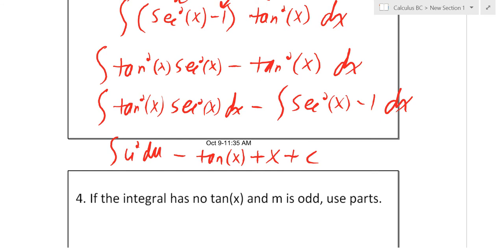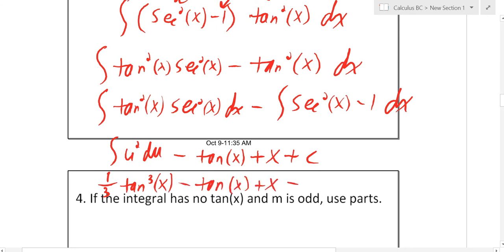And then the integral of u squared is 1/3 u cubed. So that's 1/3 tan cubed x minus tangent of x plus c. And if you're really thinking from the beginning, you should have seen that was going to be the answer anyway. That's fairly intuitive, it just jumps right to that.